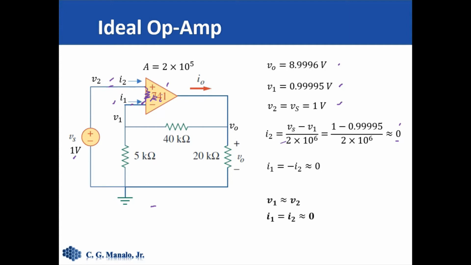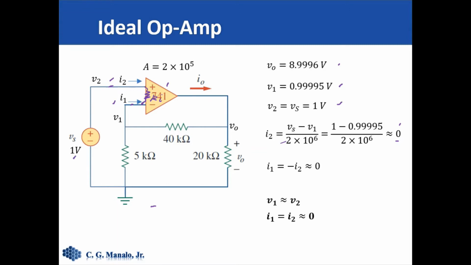So what we have here is that the potential V sub 1 and V sub 2 are roughly the same or are equal, and I sub 1 and I sub 2 are both 0. And this is the property of op-amps.